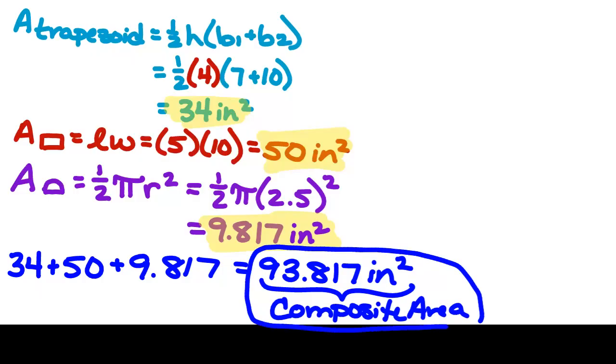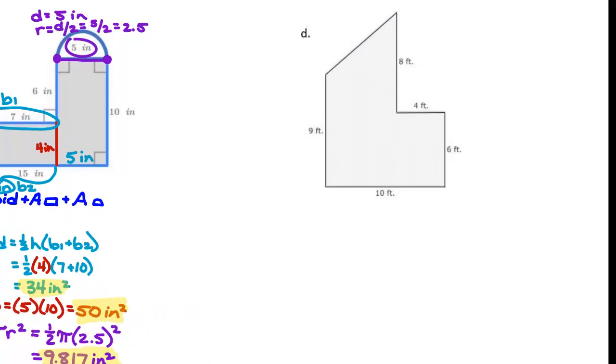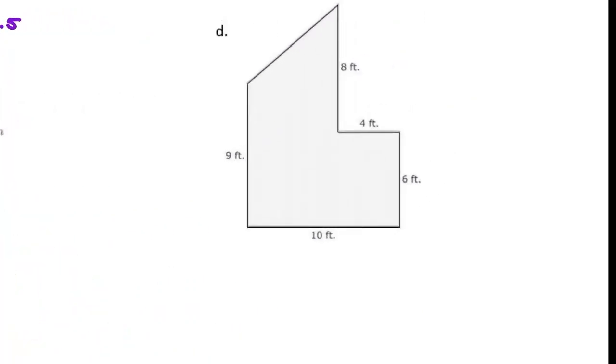All right. Looking at D. Do we have a name for that shape as it is? No. I don't have a name for that shape. Could I chop this into shapes that I do know the names of? Yes, where could I make a cut?